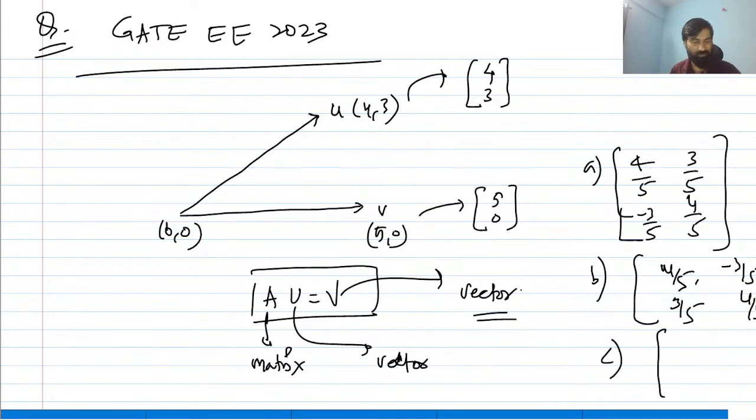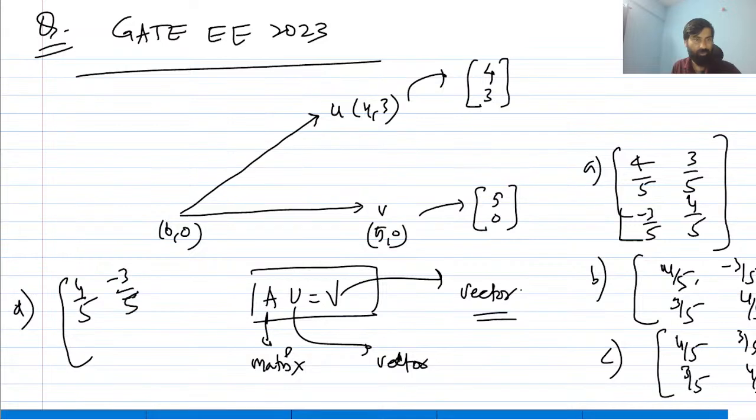Option C is given as 4 by 5. From next time I will take questions directly and discuss, but today I'm just writing them. Option D I'm writing here: 4 by 5 and 3 by 5, minus, then 3 by 5 and 4 by 5.